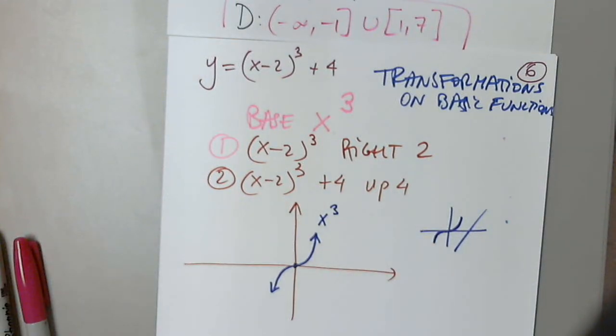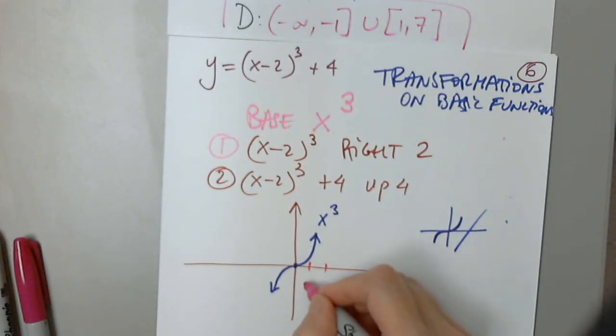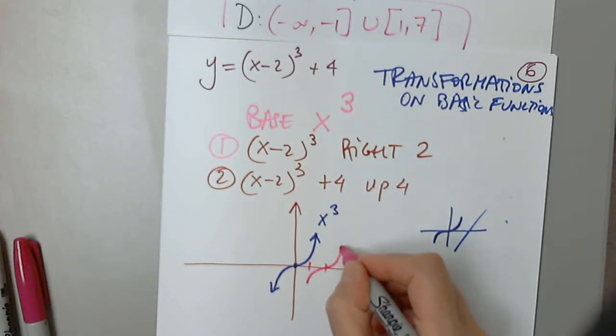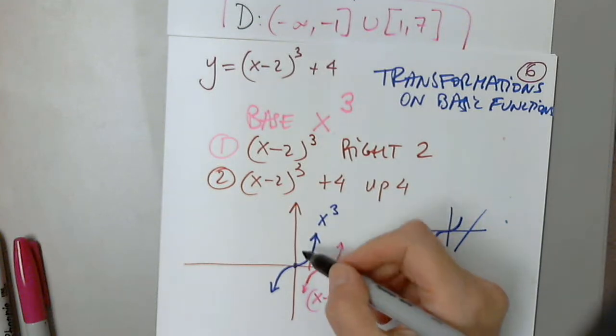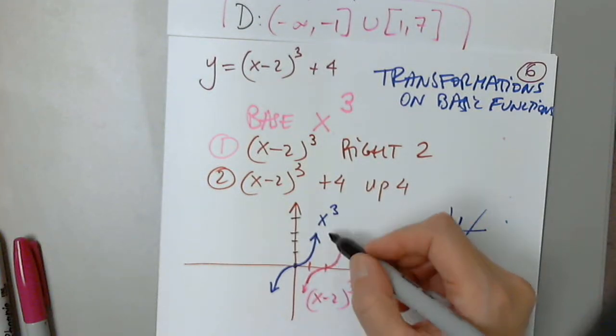Then you told me to translate or shift to the right 2, 1, 2. So this is the graph now. So this is x minus 2 to the third. And then you said move the whole thing up 4. Okay. So 1, 2, 3, 4 up here.